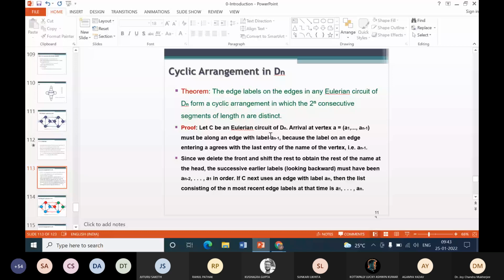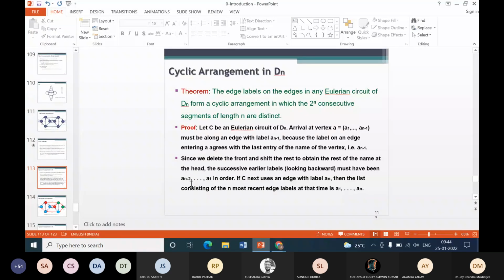Now, since we delete the front and shift the rest to obtain the rest of the name at the head, the successive earlier levels looking backward must have been An minus 2 and A1 in order.